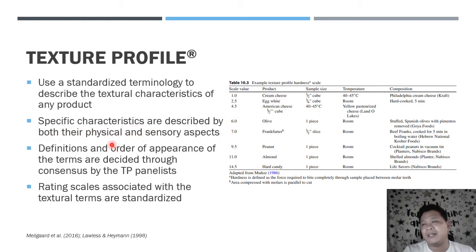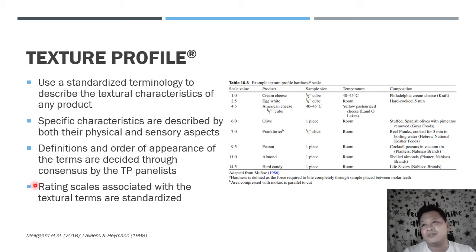So, characteristics are described by both physical and sensory aspects. And there's also an order of appearance na taken into consideration, along with the definition of terms. These are also decided by consensus.